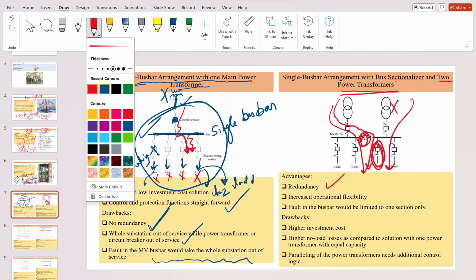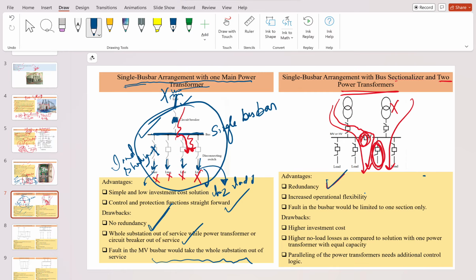The redundancy got increased and operational flexibility is there, because if this went to 70 to 80% loading, you can feed from this other transformer. Suppose this is operating at 50%, you can increase it to 70%, so that it should not go above 70 to 80% loading.